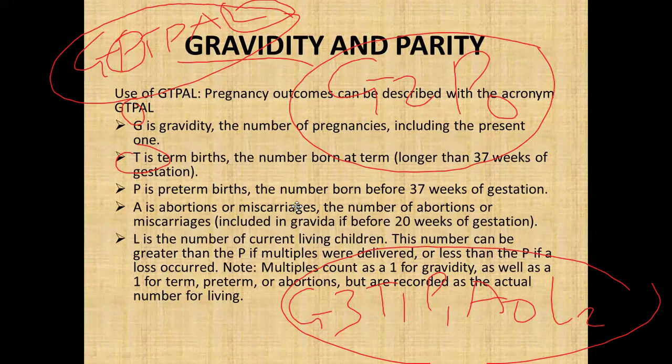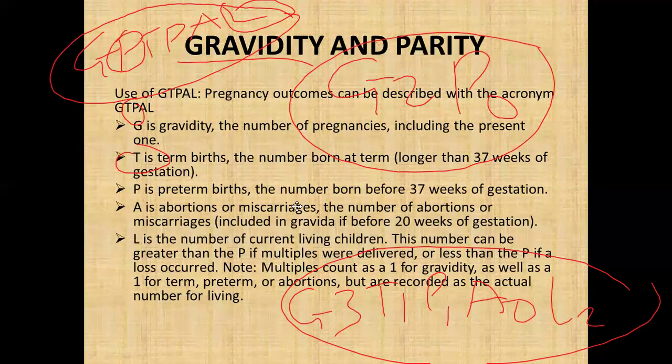With gravidity, we don't separate and count. If someone is pregnant and it has been determined that it is a multiple gestation, we don't divide it and count gravidity as two. No. Regardless of the number of children the person is expected to give birth to, gravidity always remains one.